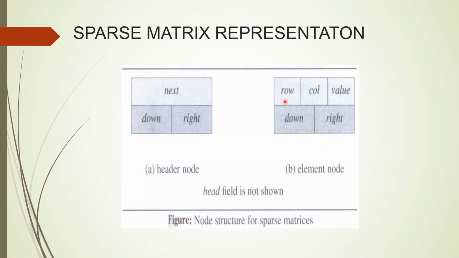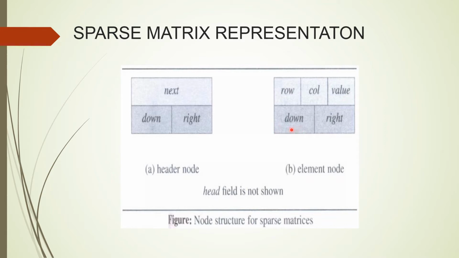And next one is element node. In the element node, you are using these fields: row, column, value. Row represents the row number of the particular non-zero element, column represents the column number of the particular non-zero element, and value is the value of the non-zero element.